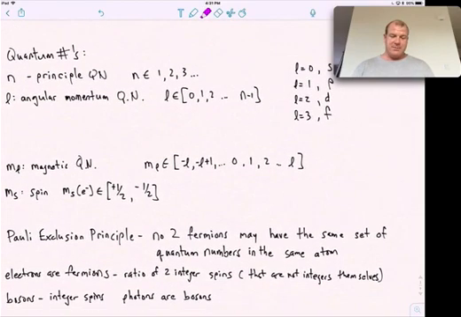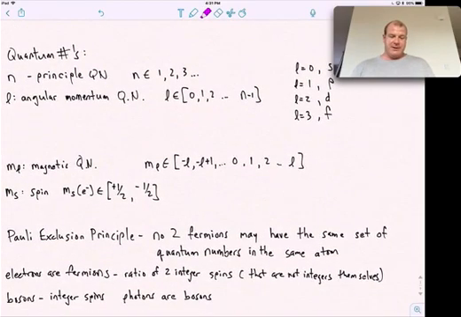But let's talk about the quantum mechanical model. I've already mentioned the principal quantum number n, and this epsilon in math terms means it's where it exists. So n exists as positive whole numbers, 1, 2, 3, integer steps up into infinity. When I start talking about quantum mechanics and quanta, we have to use discrete mathematics, as I've mentioned before with counting atoms.